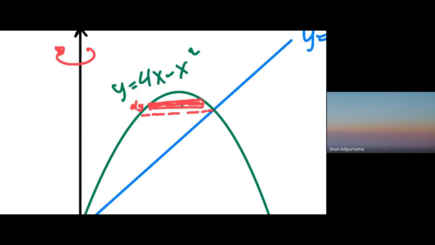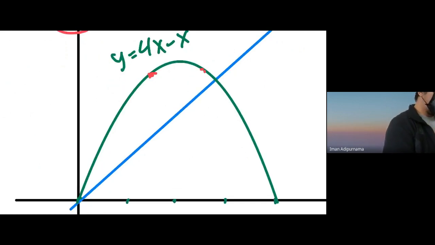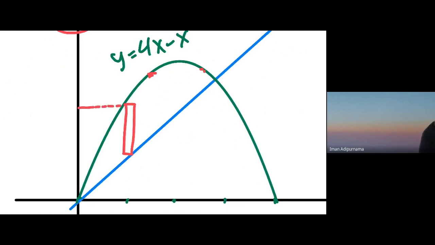So the better way is we can just use the shell method. Let me erase this, and we can take the approach using the shell method, and this will be how it looks like. So we will have the x up here on this rectangle.